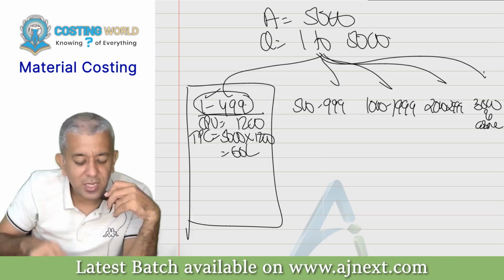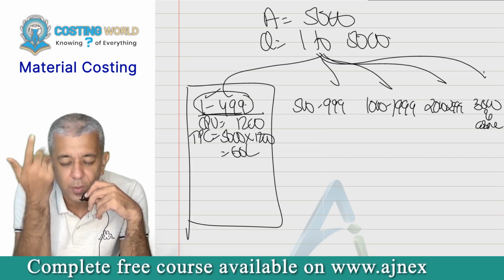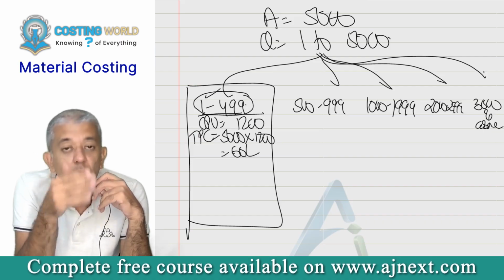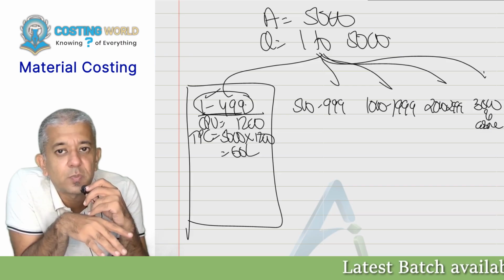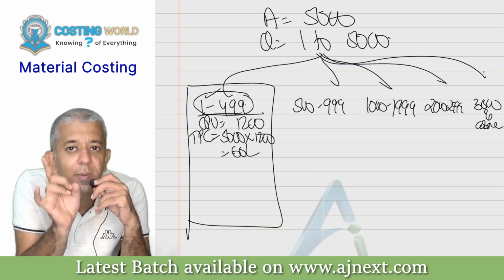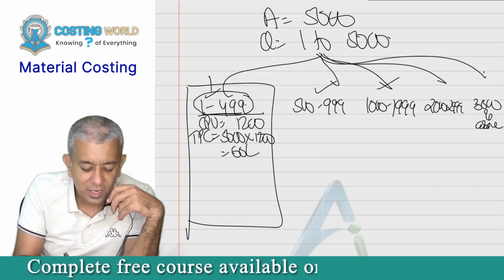If you remain within this category, means if I keep on thinking, should I purchase 1 unit, 10 units, 20 units, 100 units, 200, 300, 400, 490, no matter which option I select out of these particular options, can we say my total purchase cost for this year will be remaining as 60 lakhs? Yes, it will change when I go to the other categories, but it will remain the same if I am within this category, no?